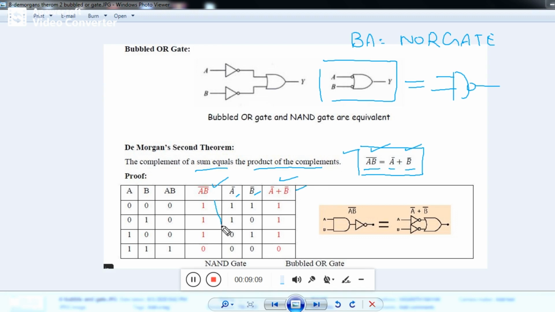You can see this is equal. That means the NAND gate output is equal to the bubbled OR gate. So this is De Morgan's second theorem.